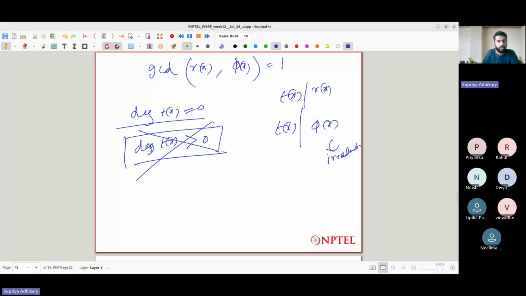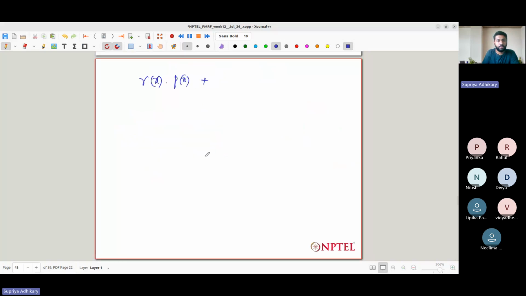The GCD of R(x) and phi(x). So since the GCD of R(x) and phi(x) is 1, we can write that there exists some P(x) polynomial and Q(x) polynomial such that this is true, and this is from the Bezout identity. And using the Bezout identity, we can write this.